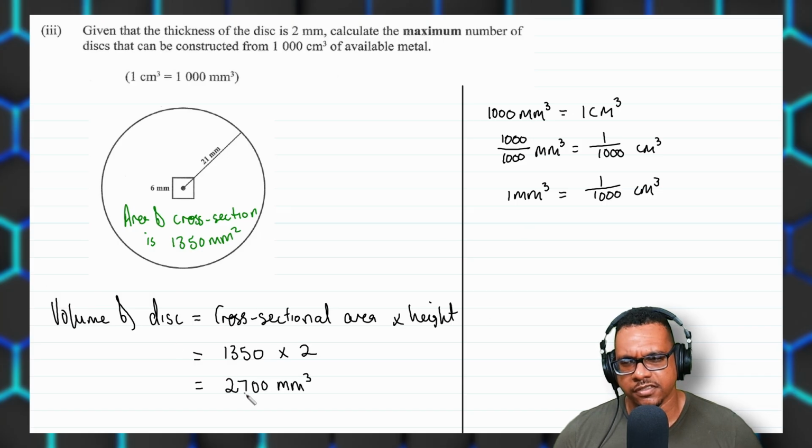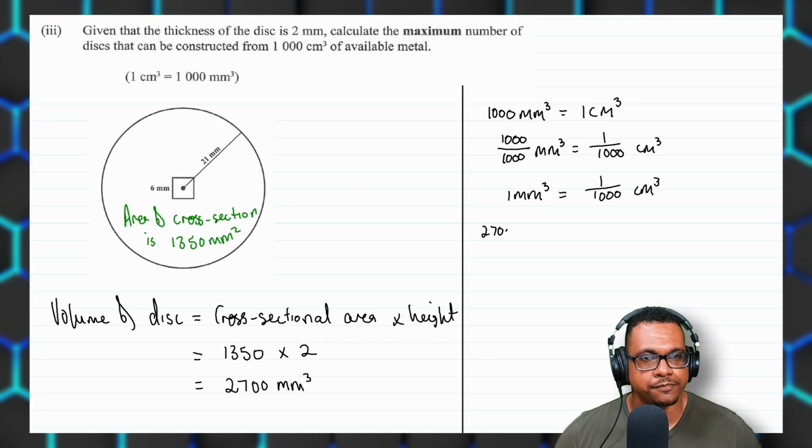Now, I want to convert this 2700 millimeters cube to centimeters cube. So how do I get 2700 millimeters cube on this side? Well, I'll multiply 1 by 2700. Okay, so 2700 times 1 millimeter cube will give us 2700 millimeters cube.